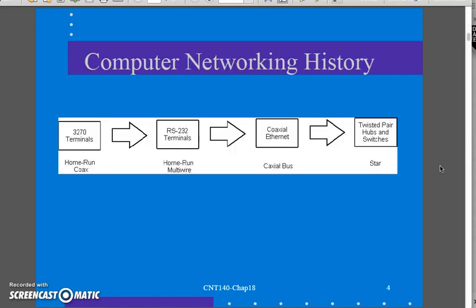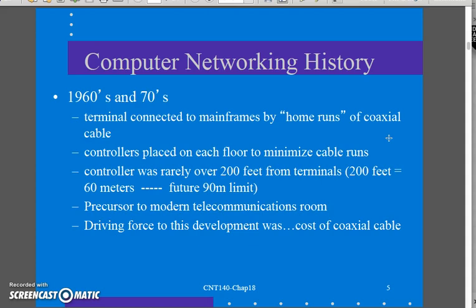So if we look back in time, we've gone from old terminals with coax to RS-232 serial connections to coax buses, coax Ethernet, over to twisted pair star switches, hubs, that sort of thing. We have progressed dramatically, and because of that, our cabling has developed dramatically.